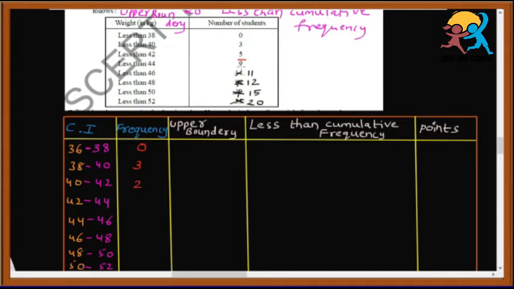From the next cumulative frequency, we have 9. From this 9, subtract 5, we get 4. So the number of students having a weight from 42 to 44 is 4 students. And again, next, less than 46 is 11 students. Subtract 9 from this 11, we get 2.